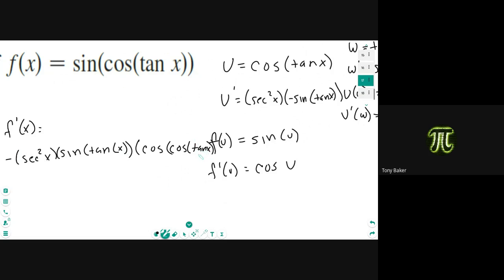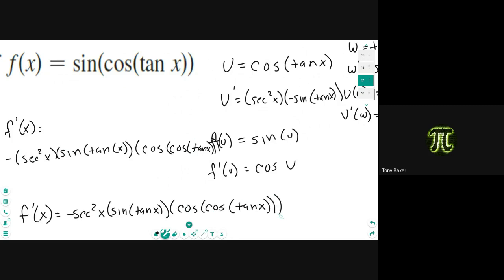I think I got a bunch of parentheses in there. I think I'm missing an extra part. There we go. Let me actually write it down below so it's easier to see. Negative secant squared x times sine tangent of x, cosine tangent x. There.